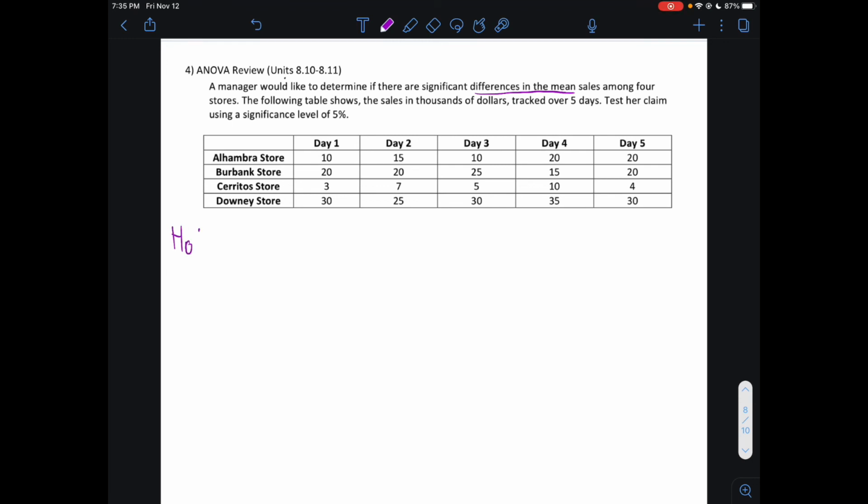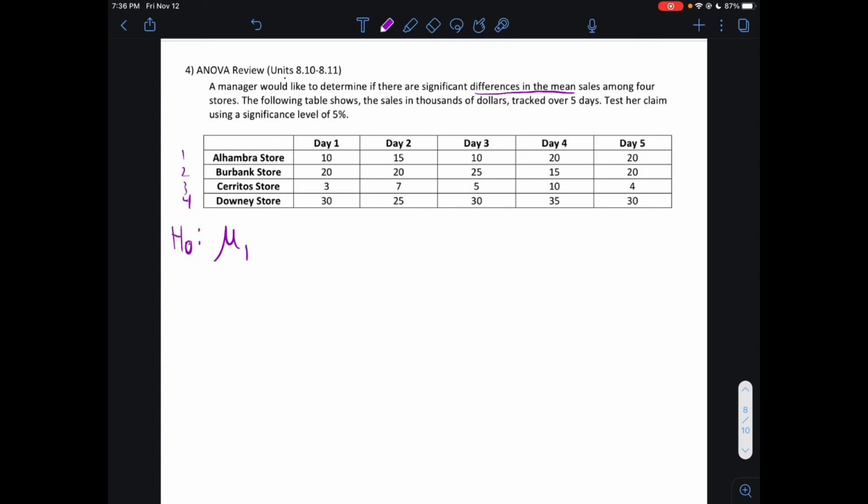We have to use the symbol for mean, which would be mu, but then we have 4 stores, 1, 2, 3, 4, that will all have an average sale over these 5 days.